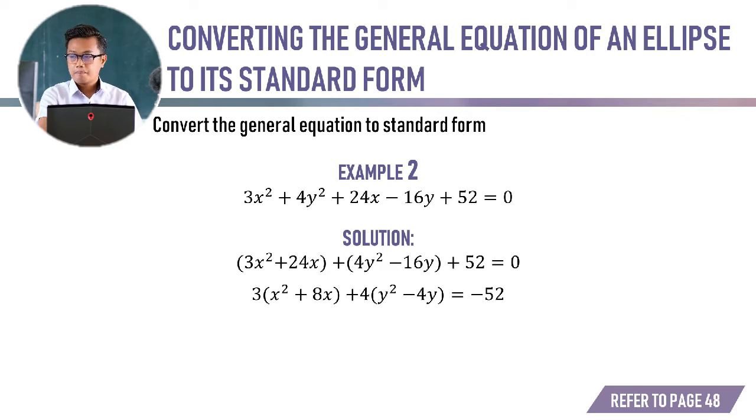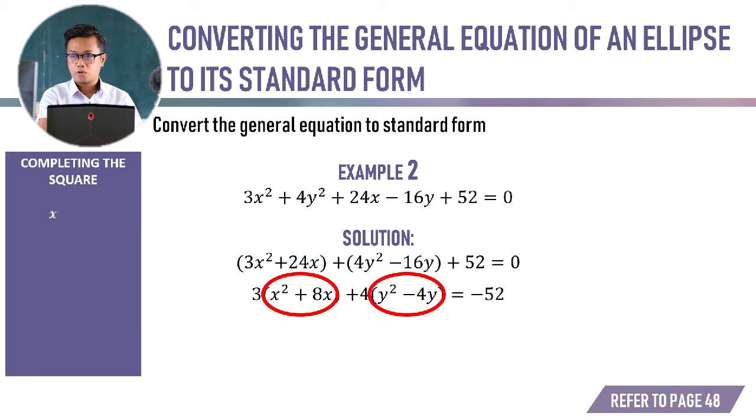And then, we will perform completing the square on the first binomial and on the second binomial. So, let us try to complete the square for x squared plus 8x. Now, how are we going to do that? So, we need to identify first the value of your a and the value of your b. We already discussed this in parabolas, but let us review again in case you forgot.